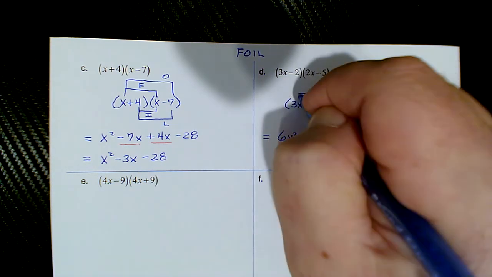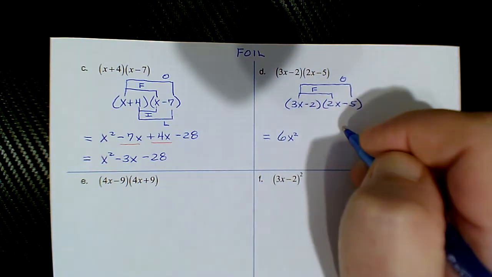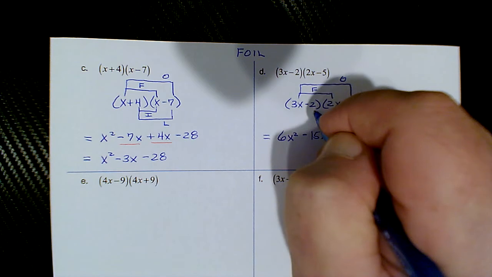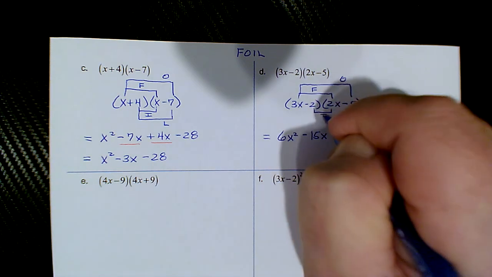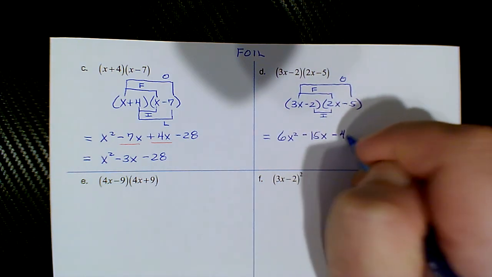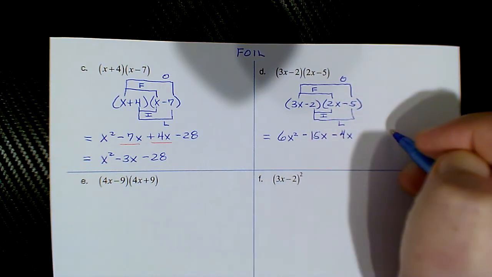Product of the outers, 3x times negative 5, that's negative 15, tag along the x. The inner product, negative 2 times 2x would give negative 4x. And finally the last. And a negative 2 times a negative 5 is a positive 10.